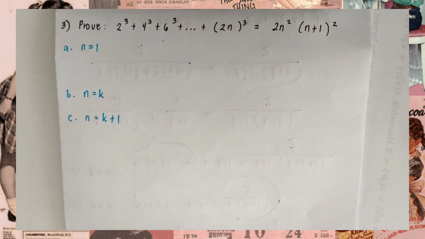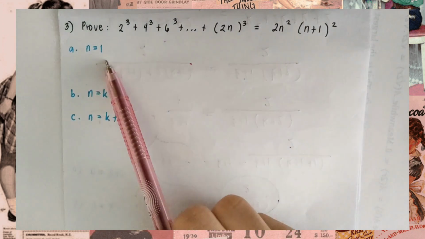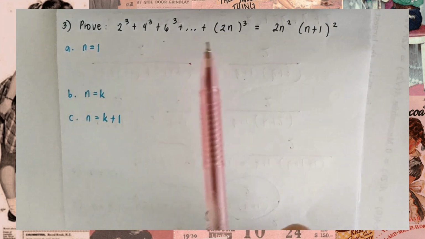Let's proceed with example number 3. Prove 2 raised to 3 plus 4 raised to 3 plus 6 raised to 3 plus ... plus the quantity of 2n raised to 3 equals 2n raised to 2 times the quantity of n plus 1 squared. Okay, again, our basis n equals 1.